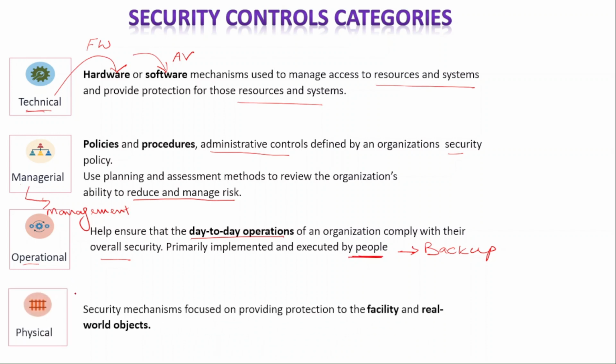And the fourth and last category is physical. As the name indicates, these are security mechanisms focused on providing protection to facilities and real world objects. So what is a facility? A facility is basically, maybe, a building that houses, let's suppose, a data center.